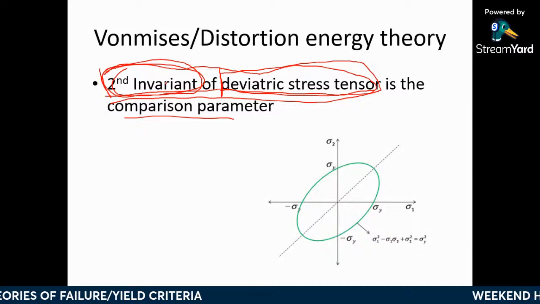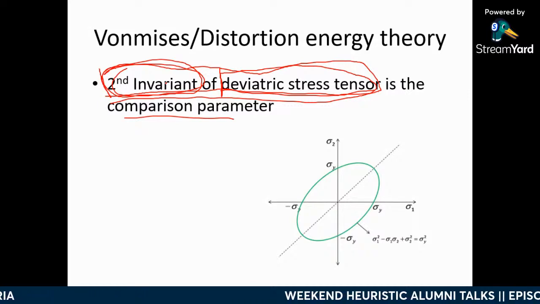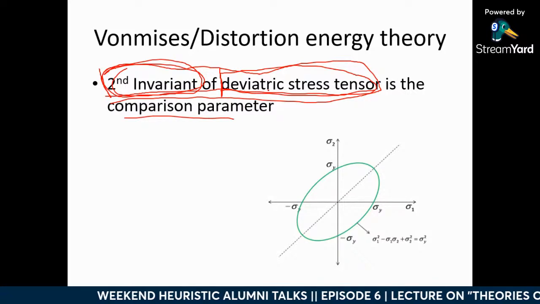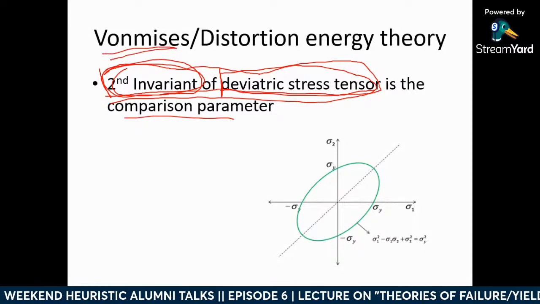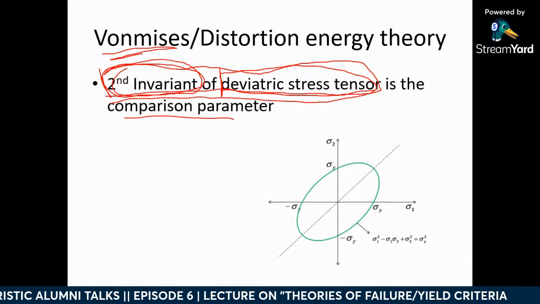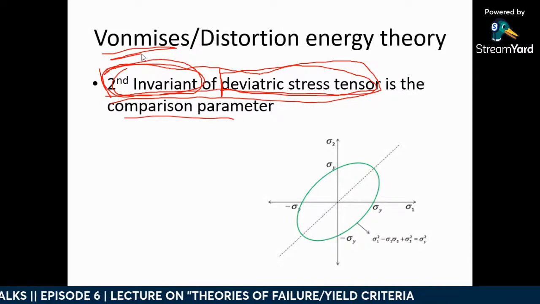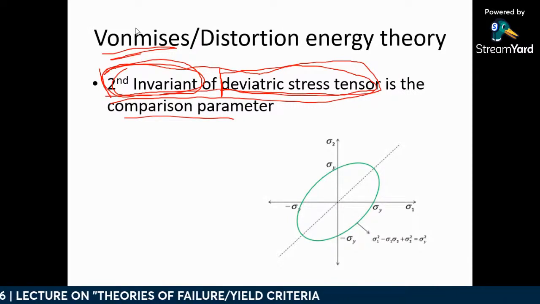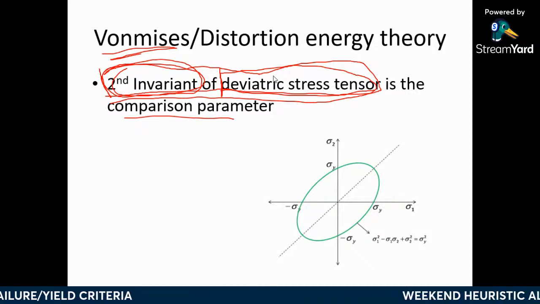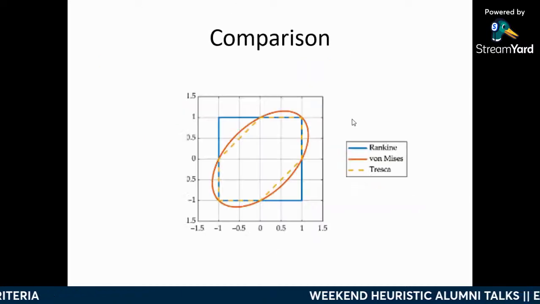That is the minor of each diagonal element, and we have to do the summation: minor of sigma x plus minor of sigma y plus minor of sigma z. That is the parameter that is going to be used for design purposes. Okay, so we will see what equations we get when we compare this second invariant of the deviatoric stress tensor.